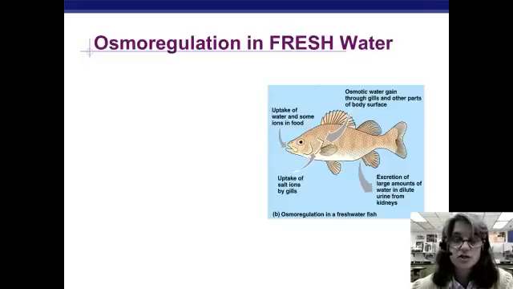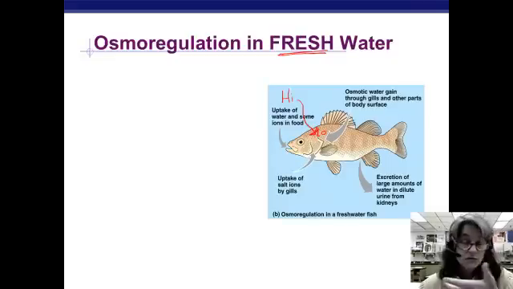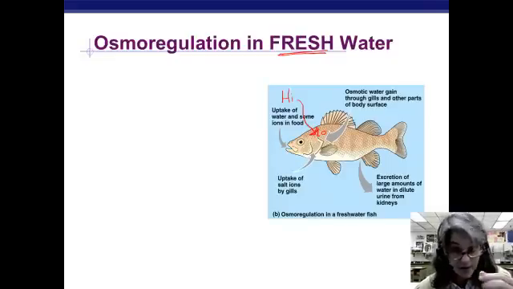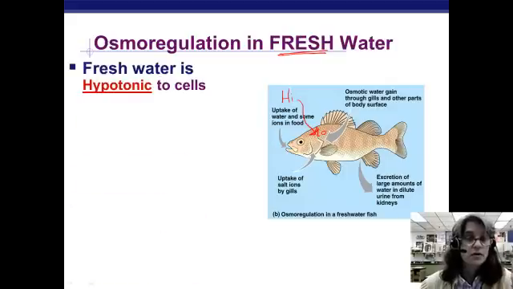Therefore, the concentration of water out in the environment is very high. It's fresh water. It's a lot of pure water, whereas the concentration of water in your cells is rather low. So, water is going to tend to flow into your cells, and if you don't do something about that, you're going to have problems if you don't control it.